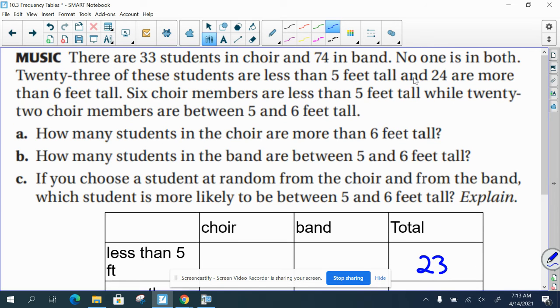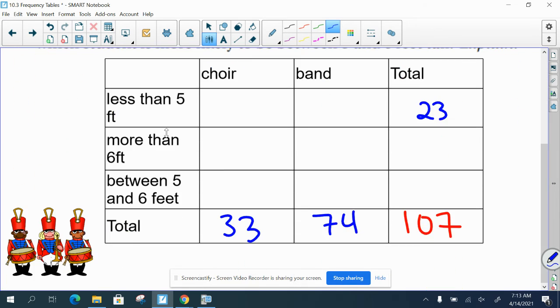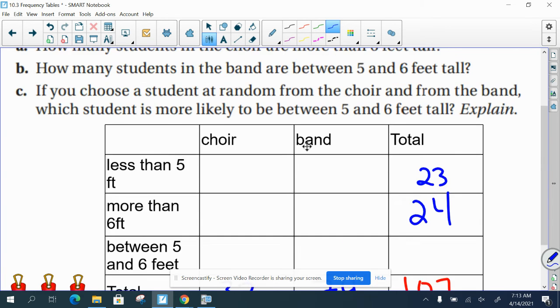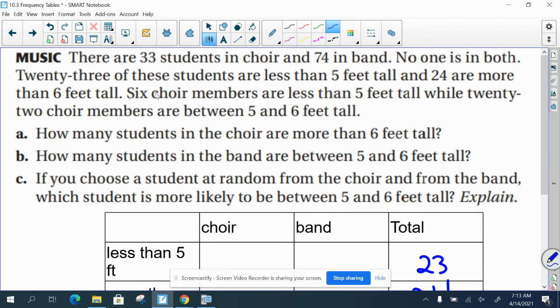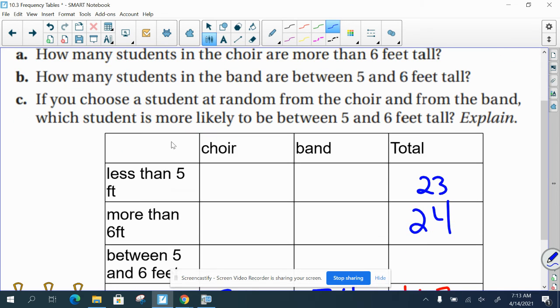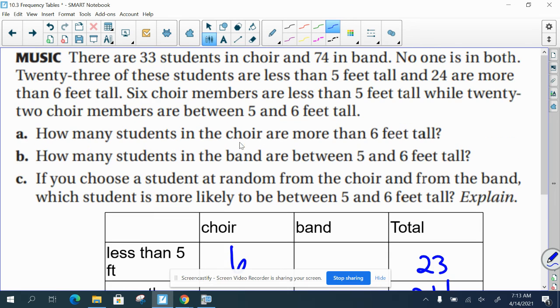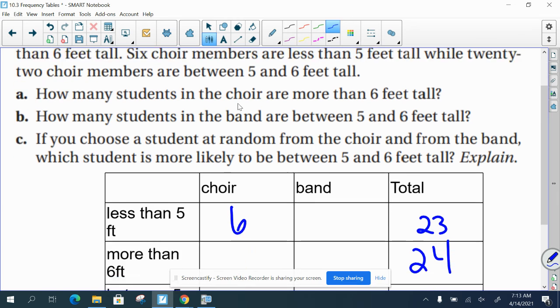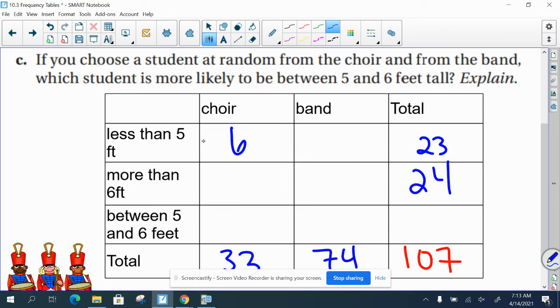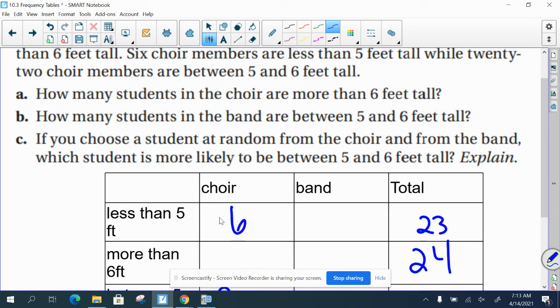And 24 are more than 6 feet tall. 6 choir students are less than 5 feet tall, while 22 choir members are between 5 and 6 feet tall.